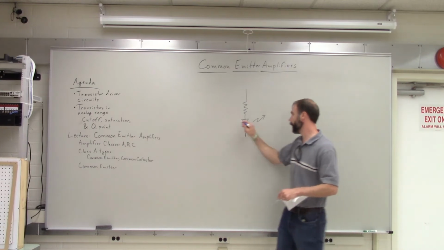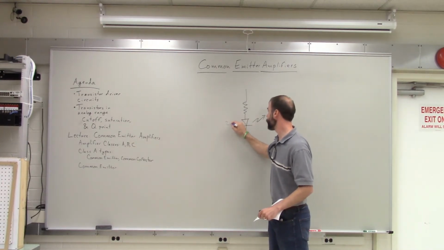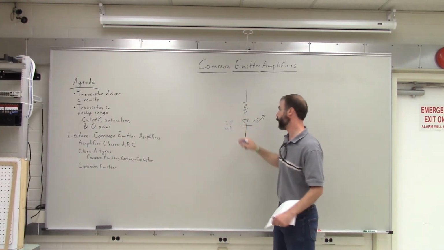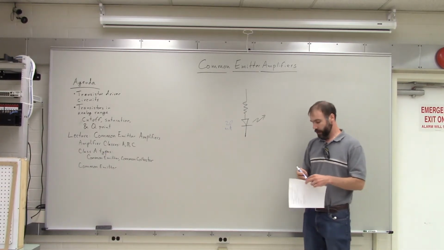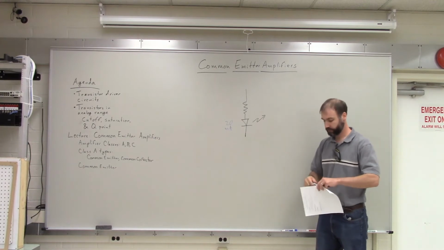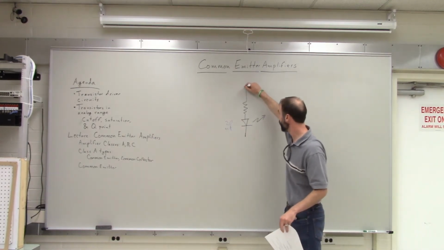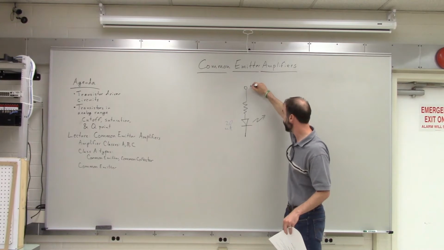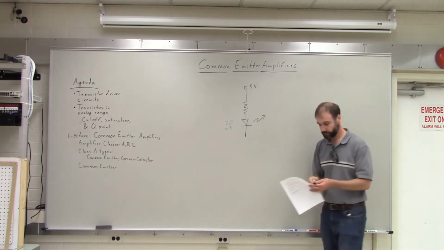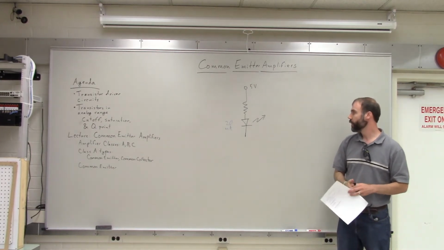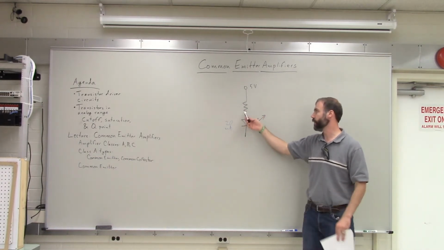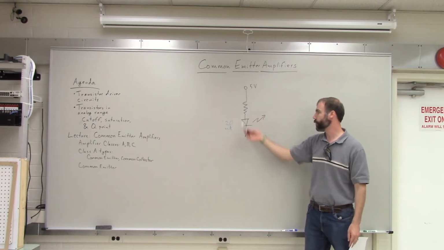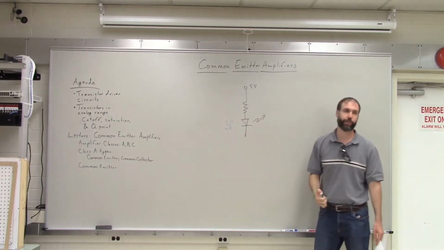Say we wanted 20 milliamps. That's pretty standard for small LEDs. And then we would look at our source voltage. So maybe we had like 5 volts. And then we would pick how much resistance we would need in order to have 20 milliamps flowing through this LED with a 5-volt source.